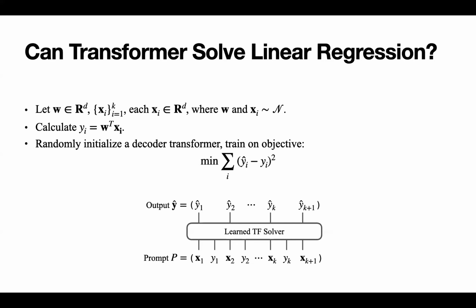And when it's seeing x1, y1, x2, it's trying to predict y2, and so on and so forth. So with this, we have an efficient way that, given k pairs of input, it tries to predict k outputs at the same time. Then we train on the objective of minimizing the MSE error between the predicted y's from the transformer and the true y's. With this training signal, we train this decoder transformer to learn the linear regression problem.